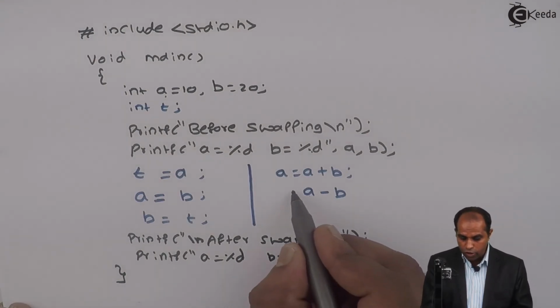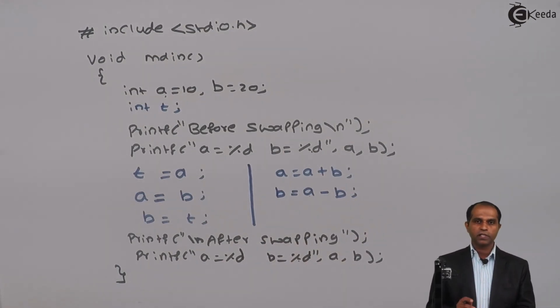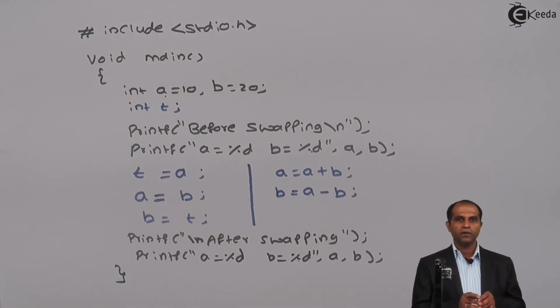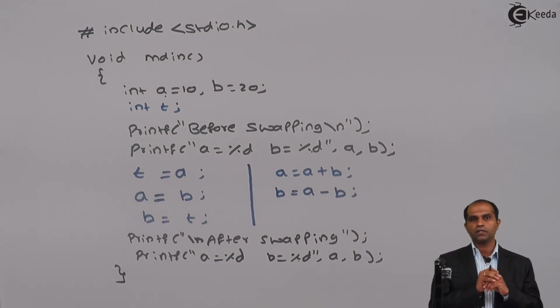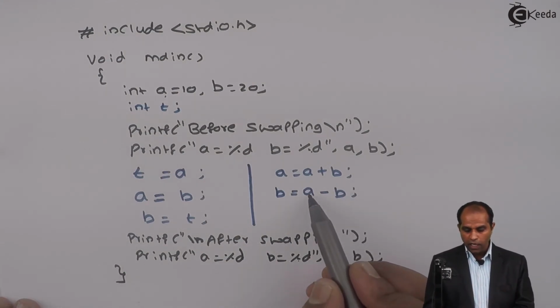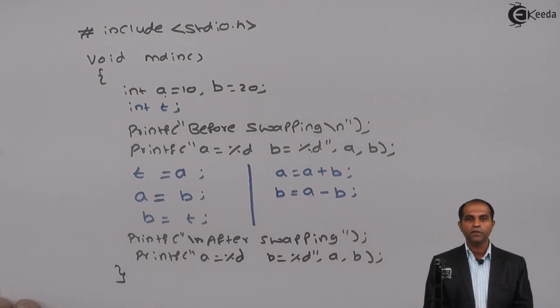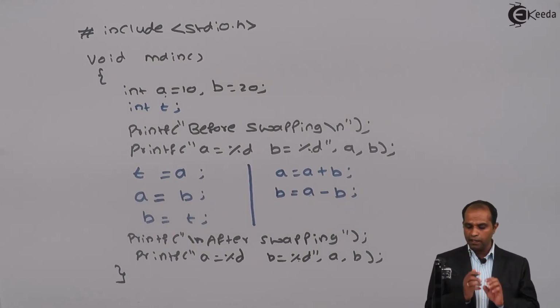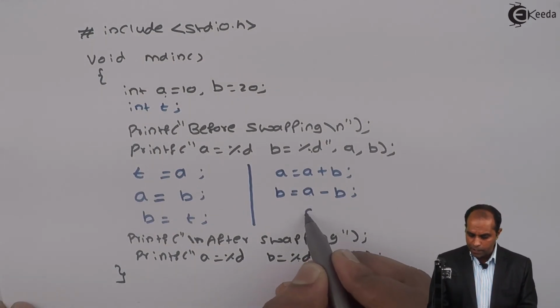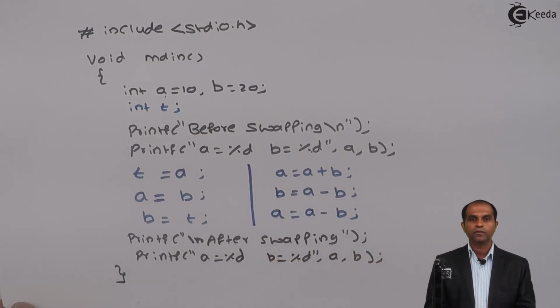But this time I'll store the value into the other variable, that is B. In the first case, I selected A as the result variable for the addition operation, and for the subtraction operation I'll store the result into B. So now A was 30, B is 20, 30 minus 20 is 10, so that goes into B. So B has changed from 20 to 10 and A is still 30. Again I'll carry out a subtraction operation, A equals A minus B, and this time I'll use A.